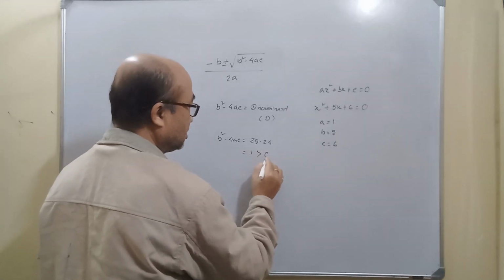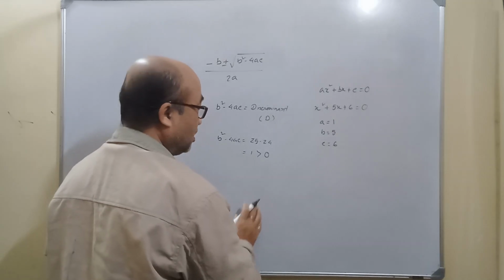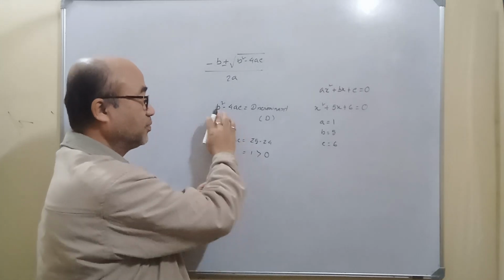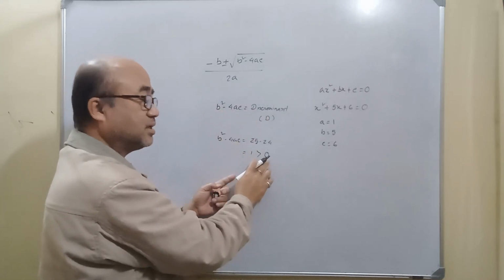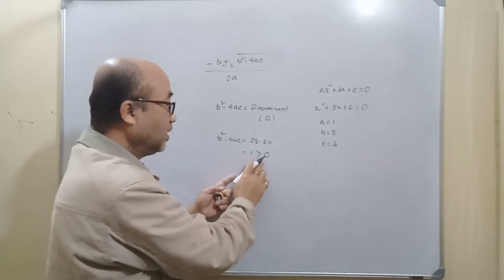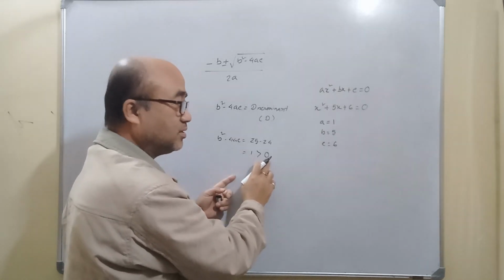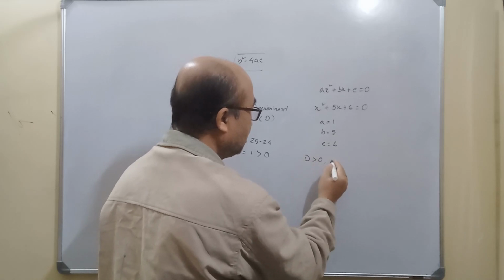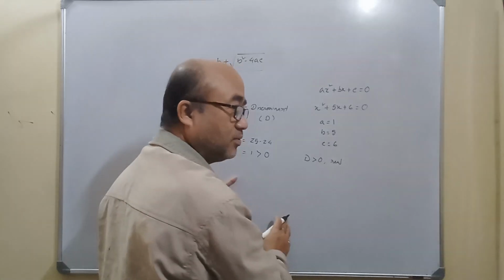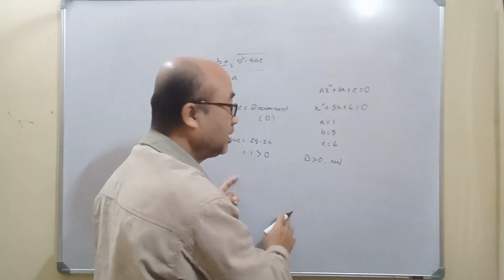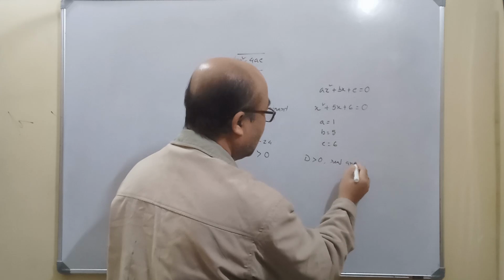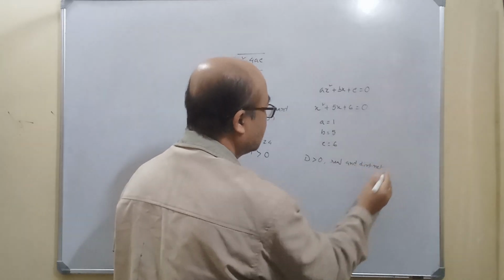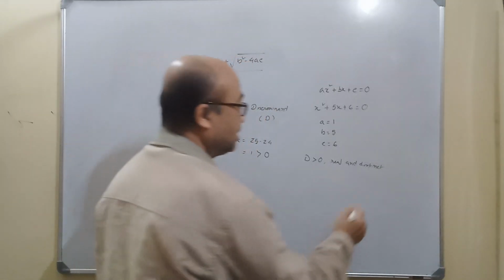Which is greater than 0. That means the discriminant is greater than 0. When the discriminant is greater than 0, the roots are real. We get real roots. How many? 2. And distinct. Real and distinct roots.